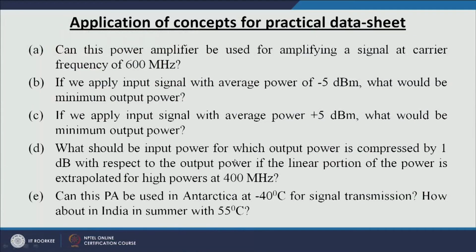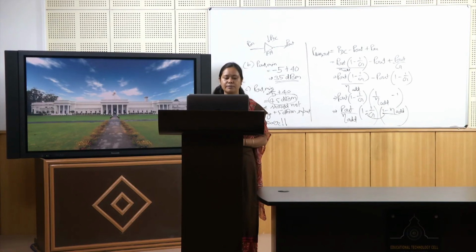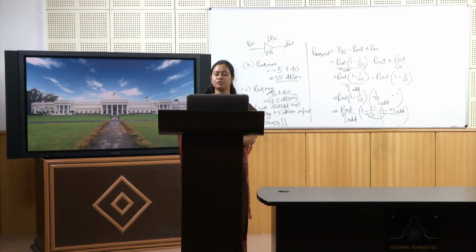What should be the input power for which the output power is compressed by 1 dB with respect to the output power if the linear portion of the power is extrapolated for high powers at 400 megahertz? So basically if you look at this definition, they are asking what will be the output 1 dB compression point power at 400 megahertz, and what should be the input power for that.